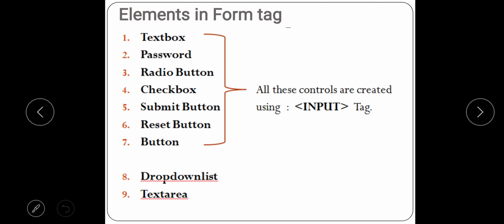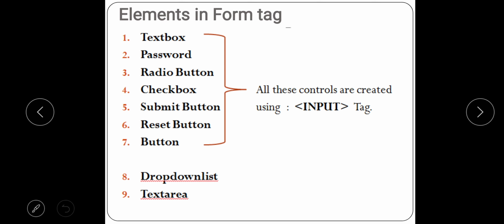Then third is the radio button. Radio buttons are circular buttons, and when selected there is a dot in between. It is generally used when you have to restrict the user to select a single option. Then fourth is the checkbox. It is a box where, when you click on it, you will get a tick mark. It is generally used to give multiple option selection, right?